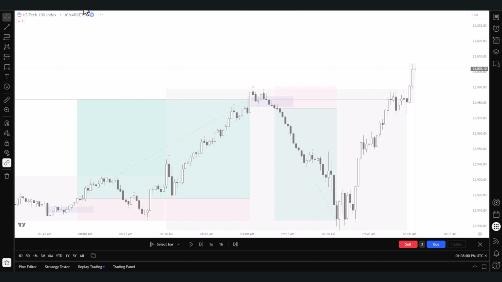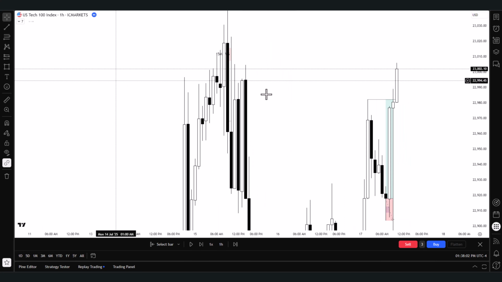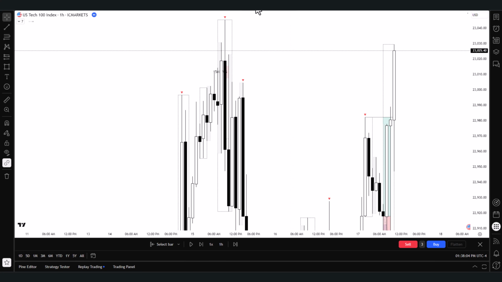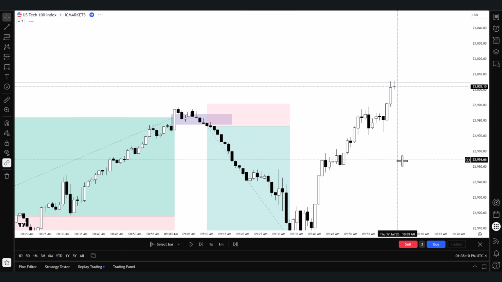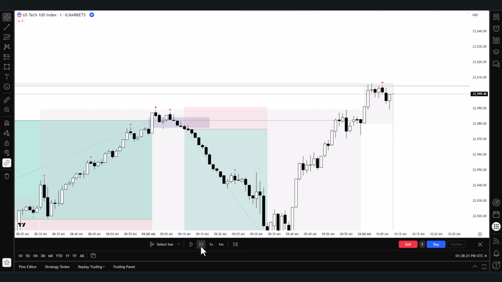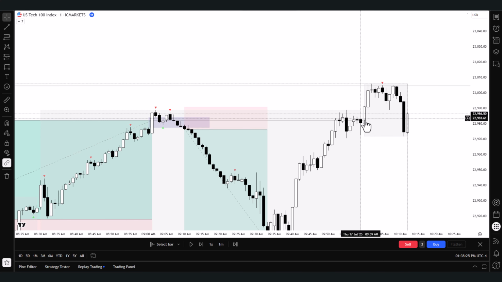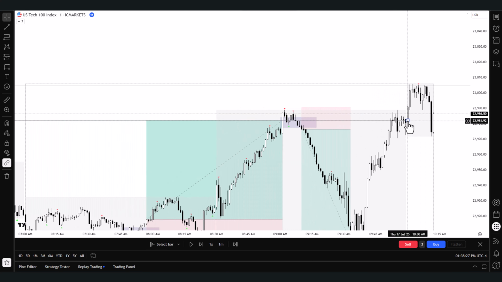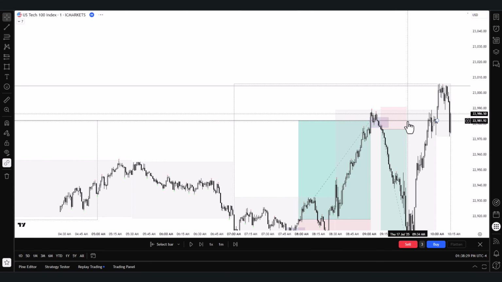Was there any key level? Yes, there is a key level here. Let's see. Yes, we also swept the key level at 10 a.m. We have made an inversion here, and maybe also closed.